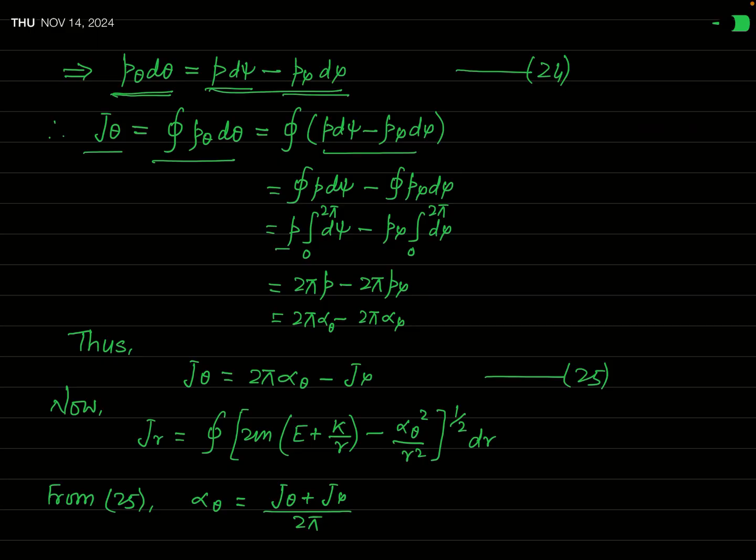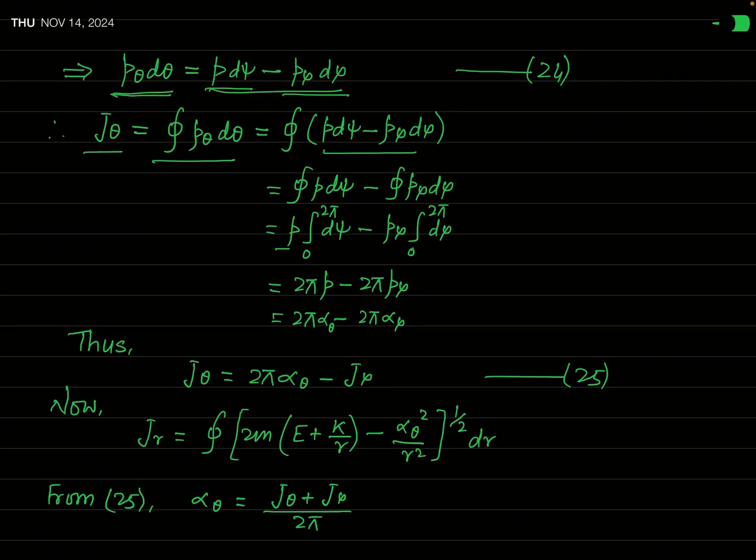But you can see p is the total angular momentum. And you know, whenever a particle moves in a central force field, its total angular momentum remains conserved. Definitely you have an idea of this. Total angular momentum of a particle moving in a central force field is constant. So it is a constant, and it has been taken outside of the integral.